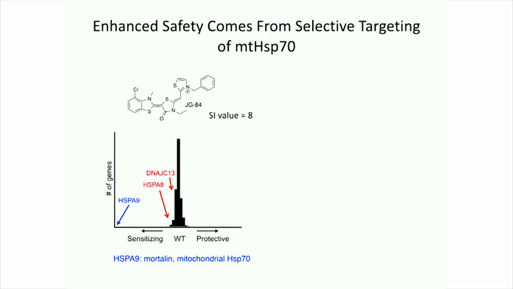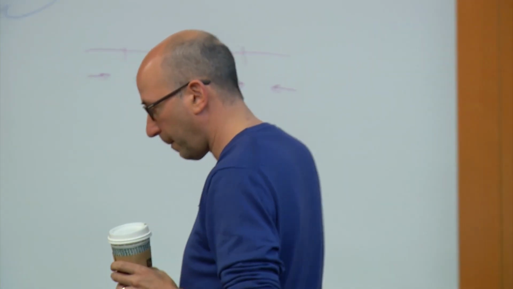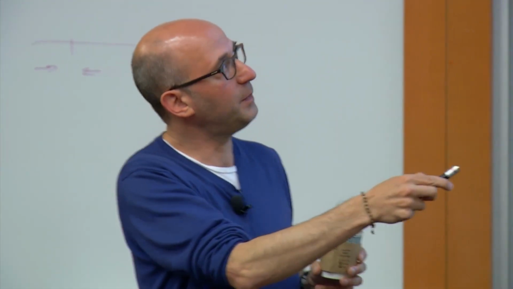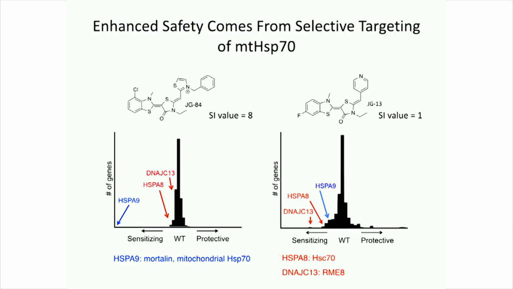Knocking that down made cells exquisitely sensitive to JG84, whereas knocking down the other HSP70s had relatively small effects. Whereas this non-specific compound, JG13, we see knocking down any one of several HSP70s has a mild but clear sensitization effect. So what we learn from this are 2 things.